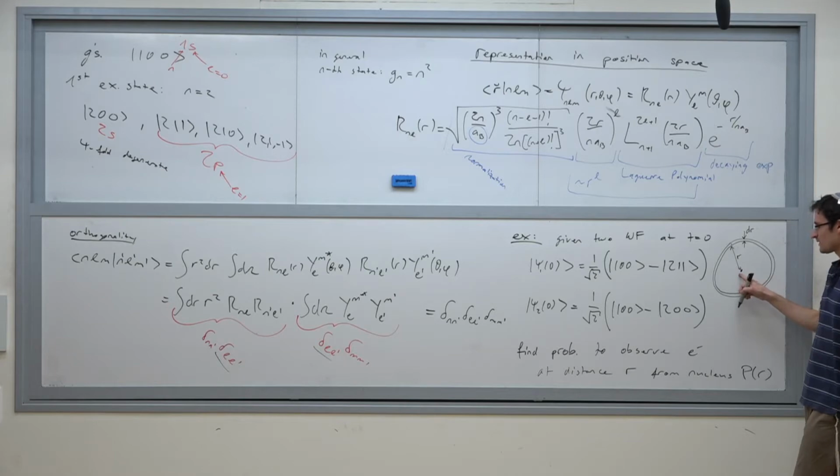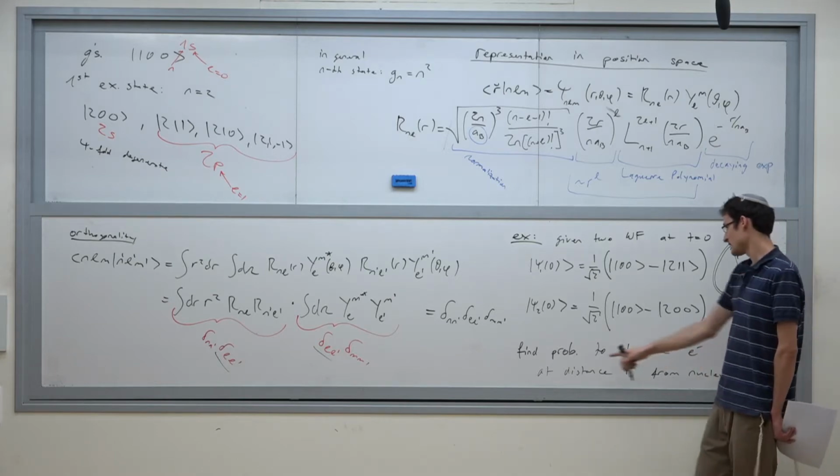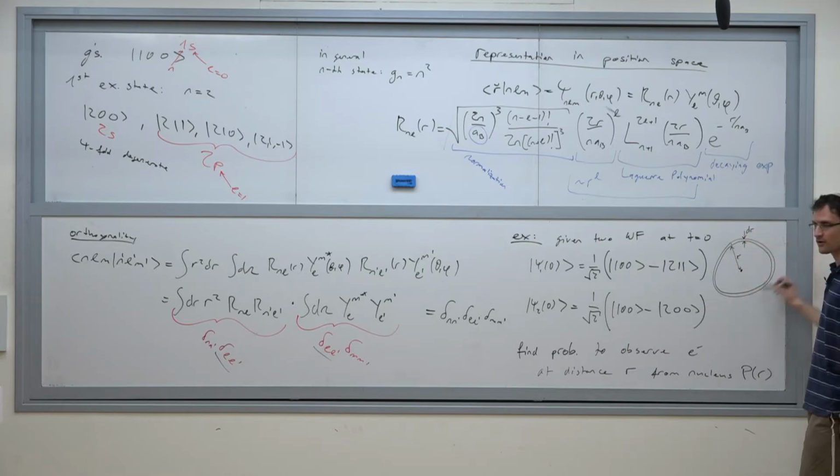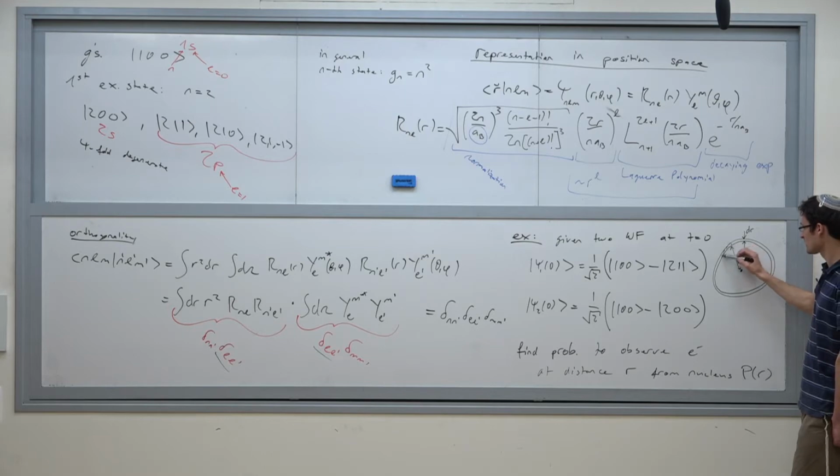So what is the probability of finding the electron at the distance r from the nucleus? That's this distance r, so it could be anywhere on the sphere. And because it's 2 dimensions, right, it's always a dr, so there's a width dr, and then there's the distance r. So that's what I'm asking. What is the probability to find the electron in this region? Okay?